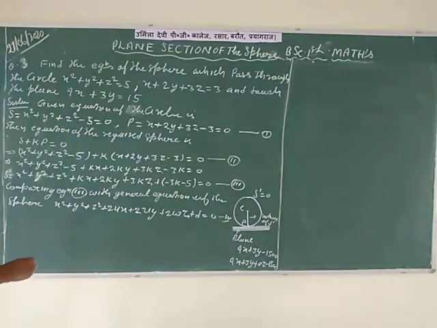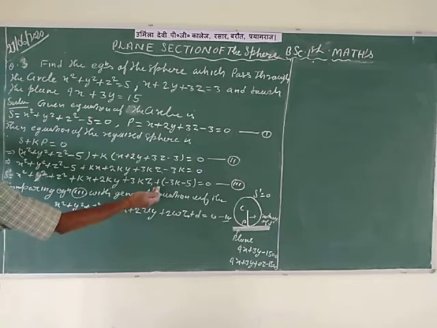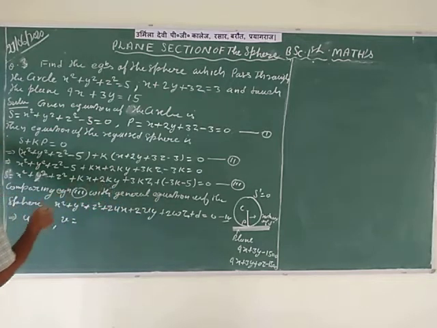So here it is represented that for u, the coefficient of x in equation third is k. So 2u is equal to k, so u is equal to k by 2. And 2v, the coefficient of y in equation third, is equal to 2k. So 2 and 2 cancel and v is equal to k.